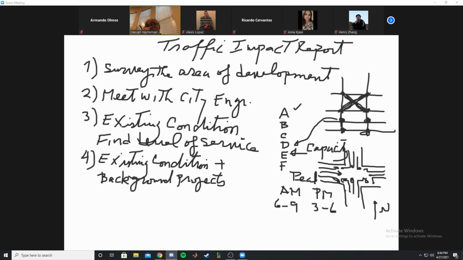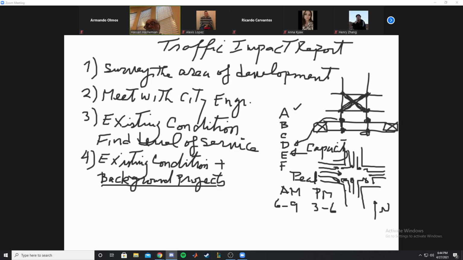Now, sometime between now and 2 years, maybe there are some other development that happened. Maybe another shopping center over here. Maybe there's an office space over here. These open up already and contributing to the traffic. So those are the background projects. Some other project could be built between now and 2 years from now.